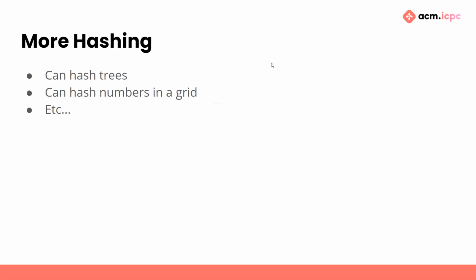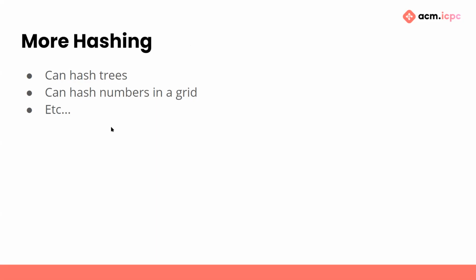So besides just hashing strings, this is a little extra information, but you can also hash trees, and you can also hash numbers in a grid, and so on. I won't get into too much detail in how to do this, but the idea for hashing trees is very similar.